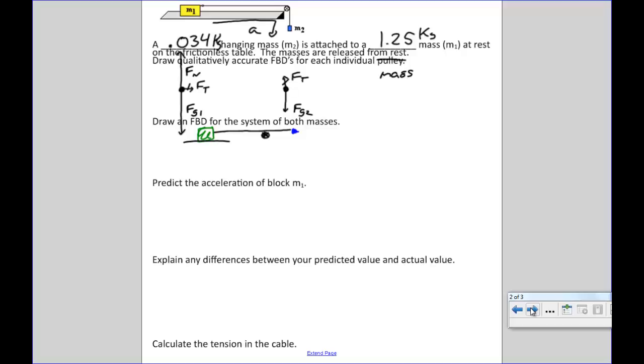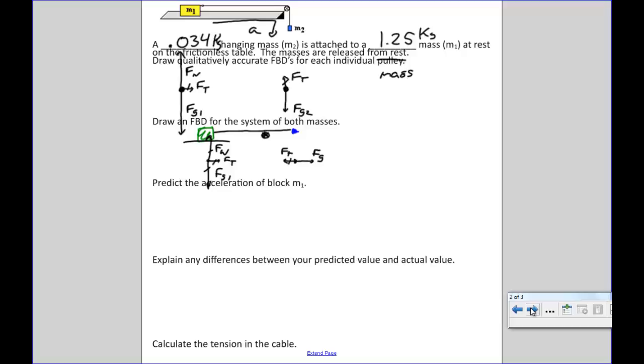For mass M1, we have the force of gravity from 1, the normal force, and the force of tension to the right. For our hanging mass 2, we have the force of gravity from mass 2, causing it to accelerate, and the force of tension inside of our system.